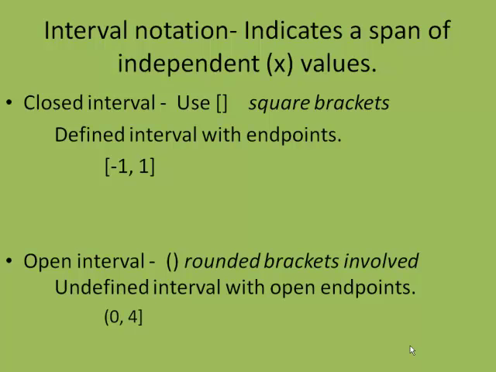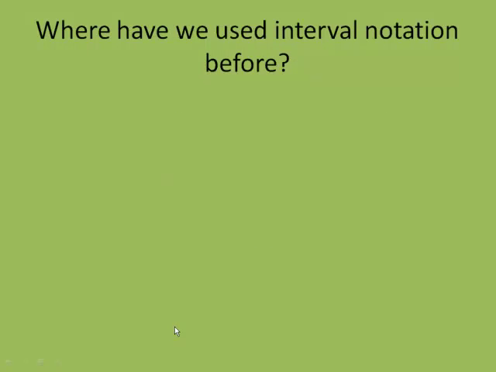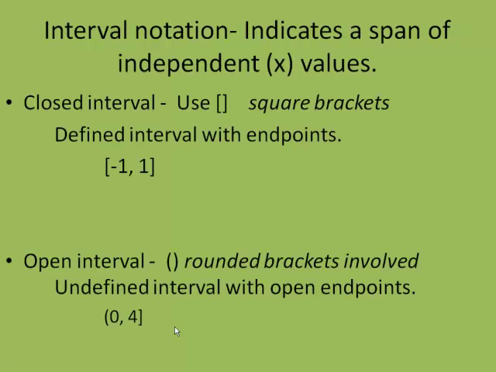Now though, if we look at an open interval, what that is, it uses the rounded brackets, and this kind of interval has undefined endpoints. So you'll notice that I did mix it up with a rounded bracket and then a square bracket, but the fact is this is still an open interval, because if I asked you what the smallest value on there is, someone could go ahead and say, oh, well, since it doesn't include 0, what about 0.1?